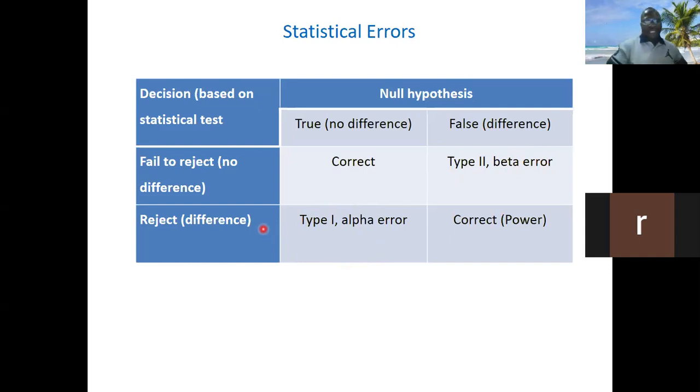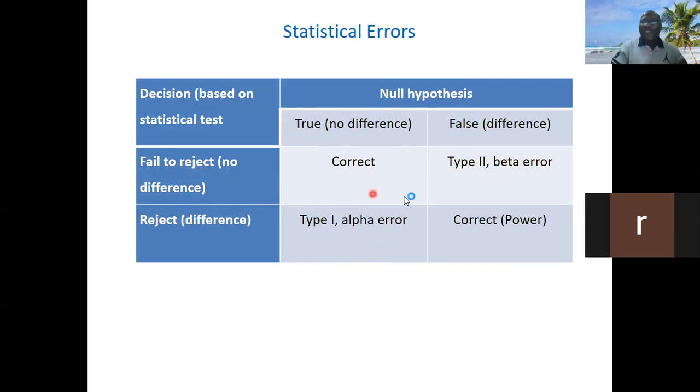Type 1 error is rejecting the null hypothesis. Look at it, you reject it when it is true that there's no difference, but you reject it and say there's a difference. Rejecting the truth, rejecting the null hypothesis when it is true. While type 2 error is failing to reject the null hypothesis when it is false.